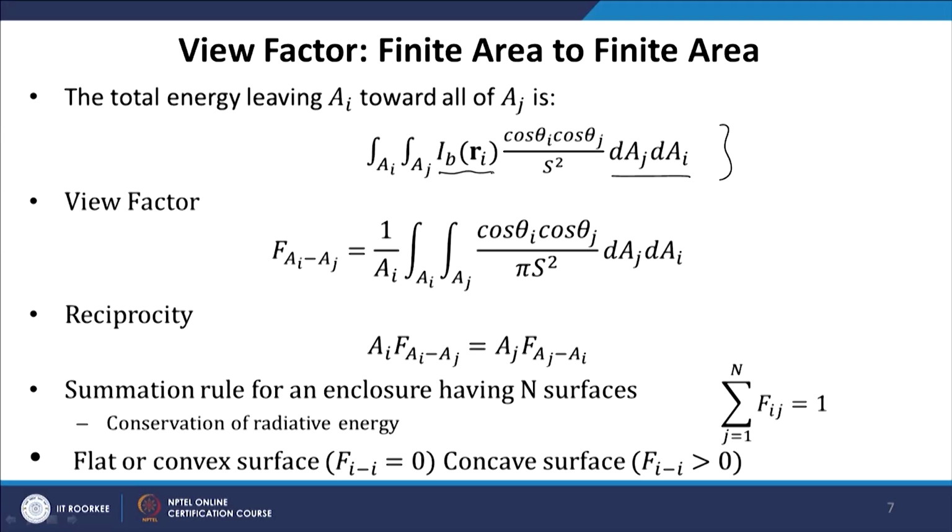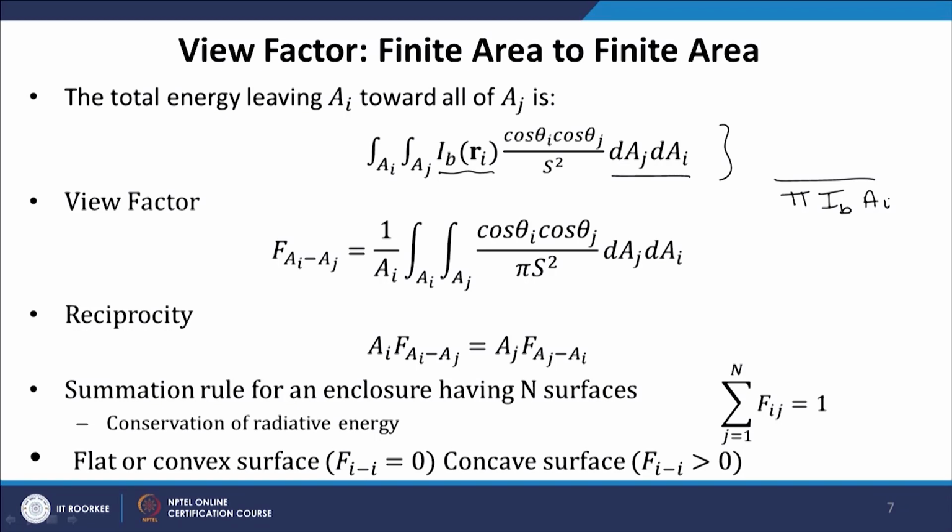Now, we should keep in mind that the temperature of this surface should be uniform. Okay. If the temperature of the surface is not uniform, the intensity Ib will vary over the surface, and then the definition of view factor will change. For this purpose, we will assume that Ib is independent of the surface, that is, it is uniform over the surface.